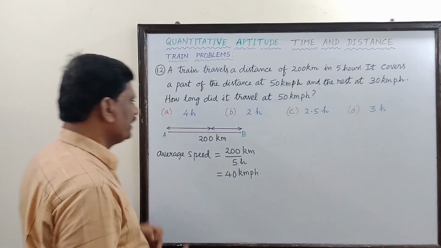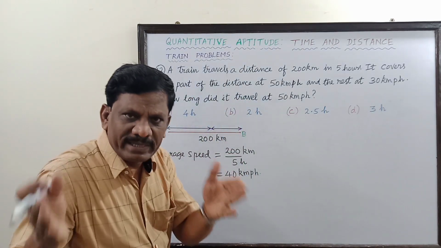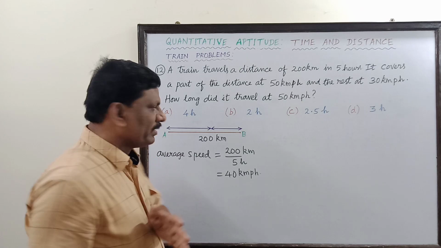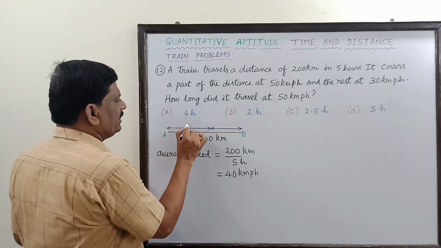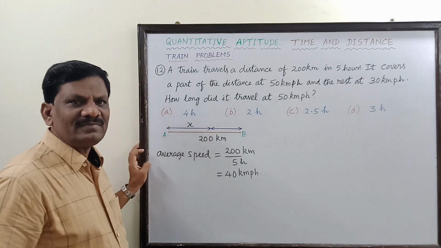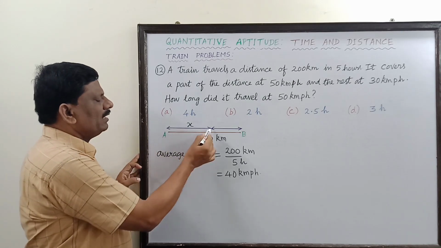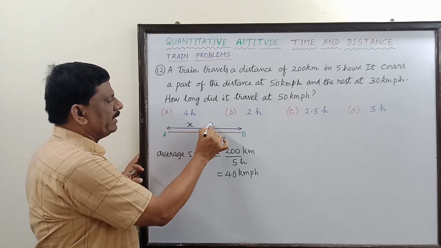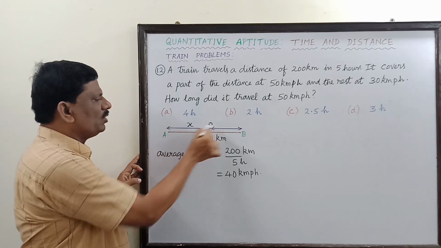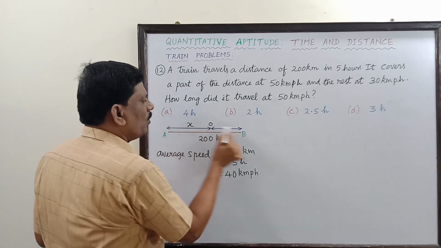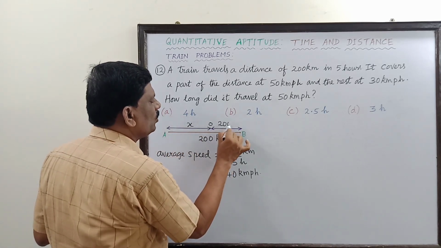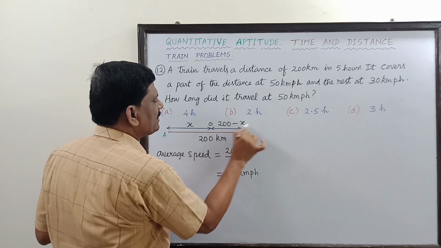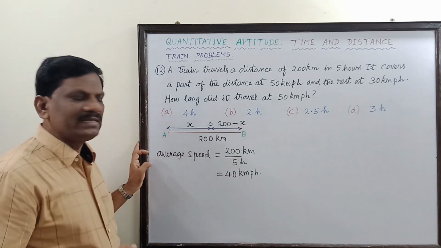Okay, now let us take out of this 200 km from A to B a distance x. So from A up to the midpoint O, let us say, the distance from A to O is x. So O to B distance must be how much? 200 minus x.